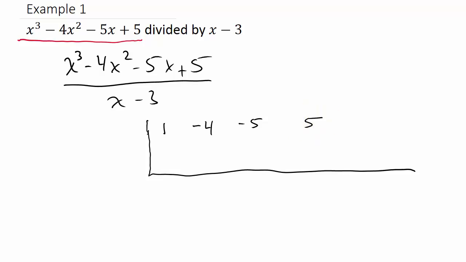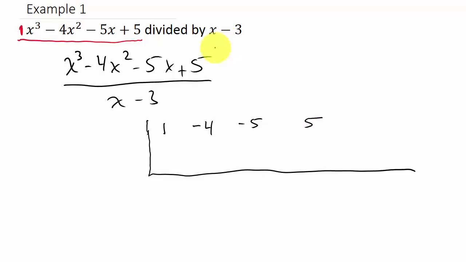All it is, is the coefficients in front of the variables. The 1 is the coefficient of the x cubed, the minus 4 is the coefficient of the x squared, the minus 5 is the coefficient of the x, and then we have our constant term, 5.